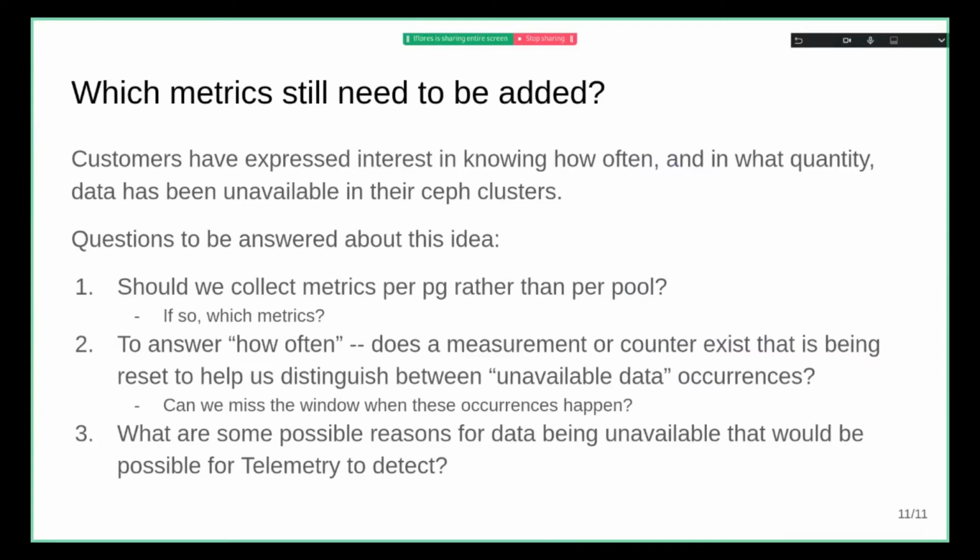What are some possible reasons for data being unavailable? It seems that PG state mainly answers that, but who knows? There could be another reason for unavailable data that we're missing. So that would be another thing to consider. Maybe it can be collected by a different metric as well.